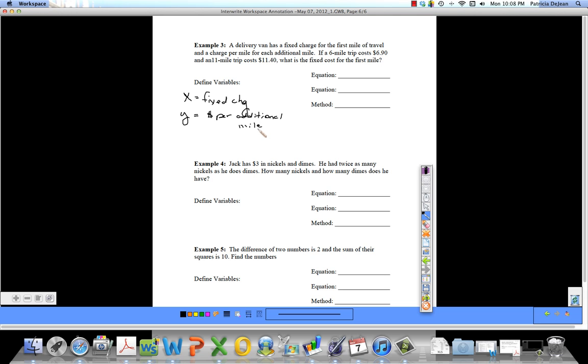So a delivery van has a fixed charge for the first mile of travel, and the charge for each additional mile. A 6-mile trip is $6.90. So you have your fixed charge plus 6 miles times the charge per mile is going to be $6.90.